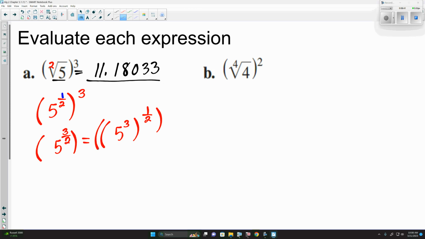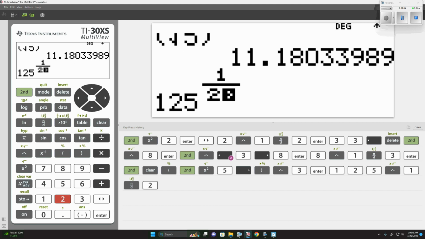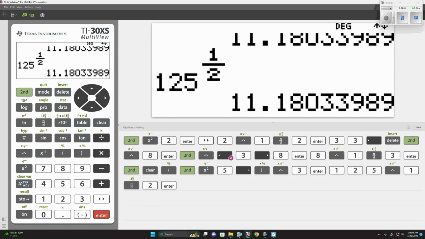5 cubed is 125 to the 1/2. But again, this is more manipulating the numbers to get there. And if we looked at a calculator and said 125 to the 1/2, we get the exact same number.